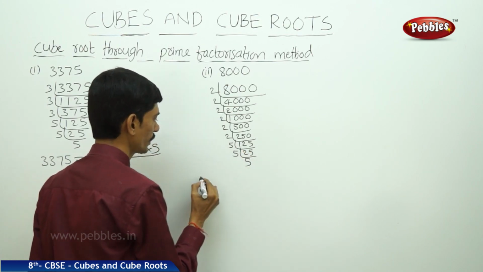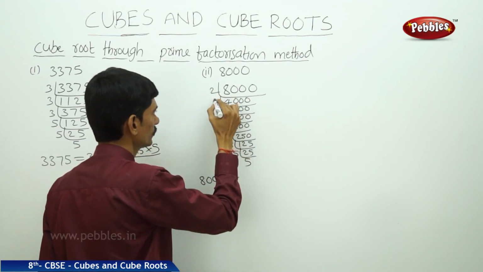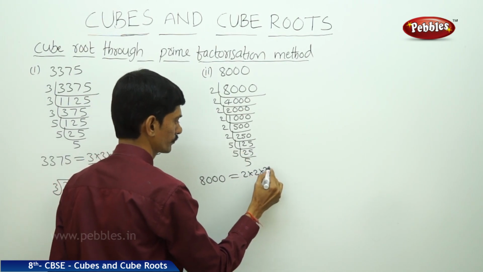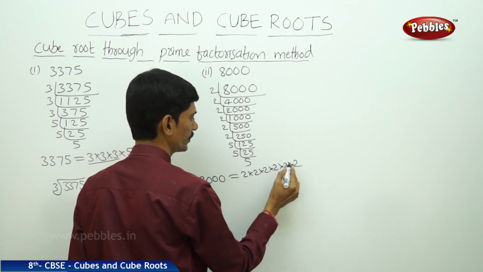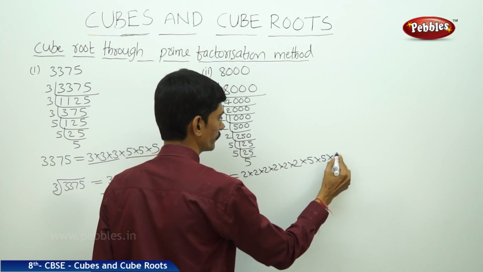So we can write that 8000 equals six 2's into three 5's, that is 2 into 2 into 2 into 2 into 2 into 2 into 5 into 5 into 5.